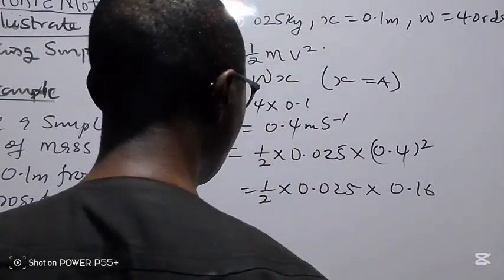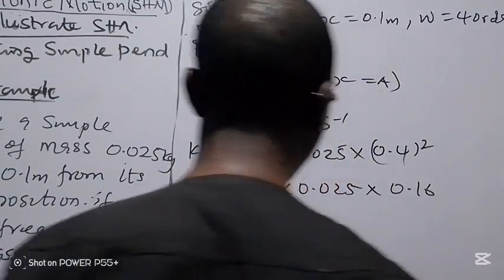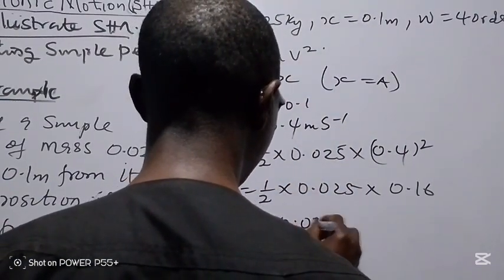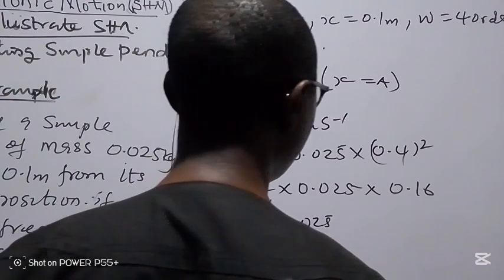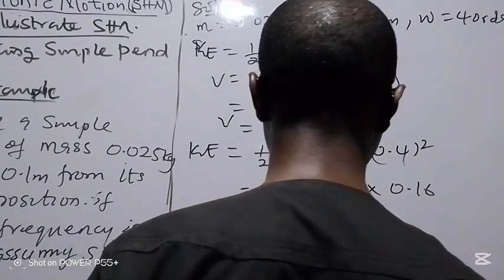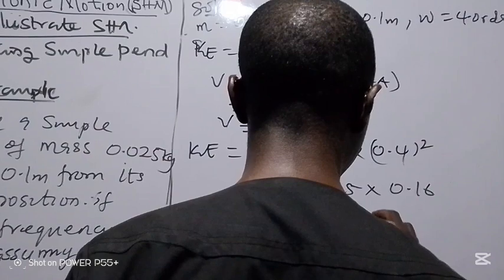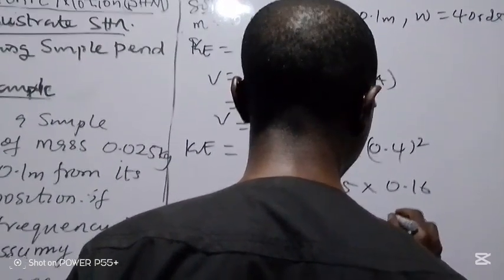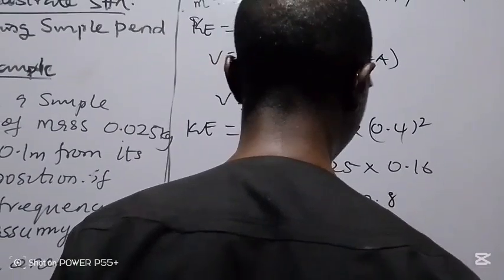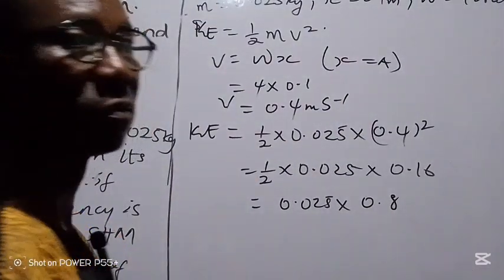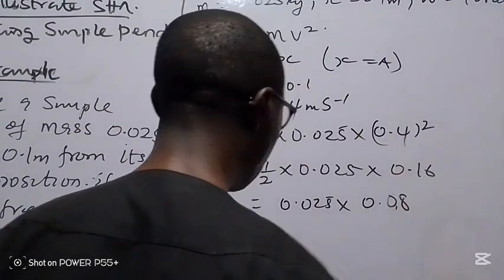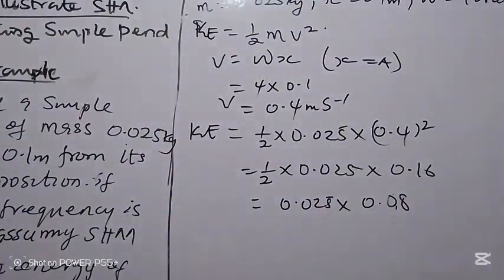And if we divide this, it will now give us 0.025 multiplied by 0.08.